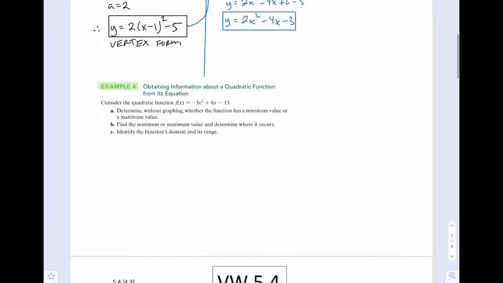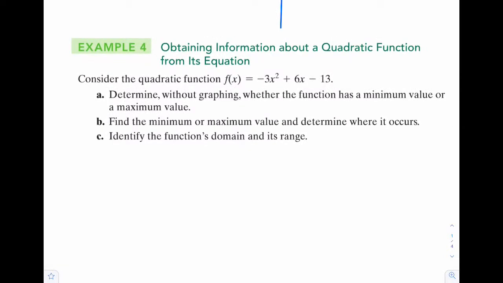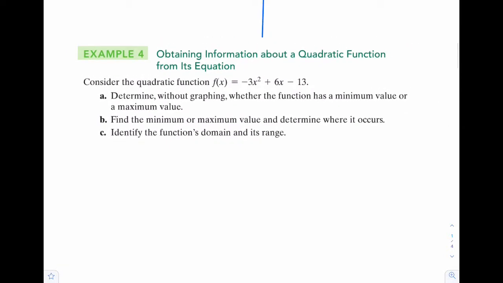Let's go to our next one. Consider the function right there. Determine without graphing whether it has a minimum or a maximum. So to do this, let's really talk about it. Notice how this is standard form. So it's not vertex form, but standard form is still useful in a lot of ways.